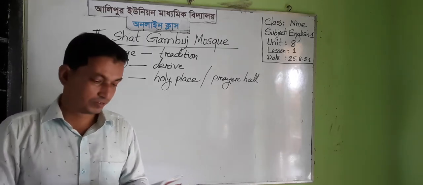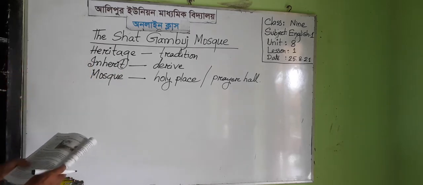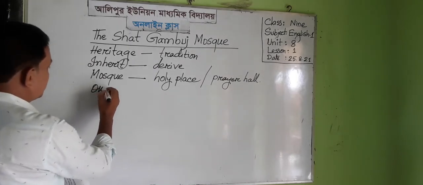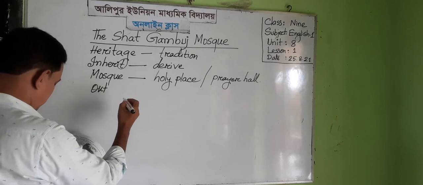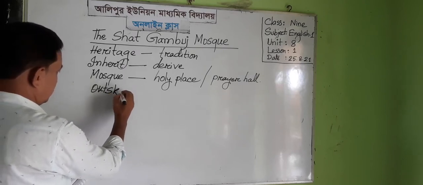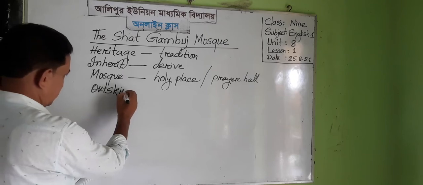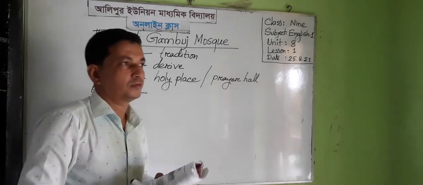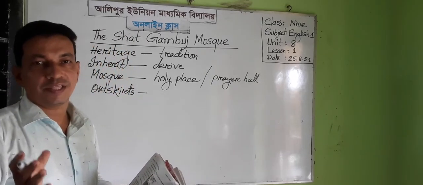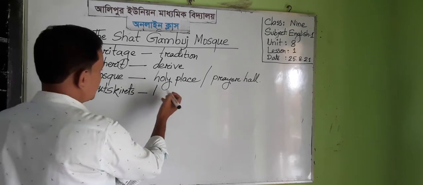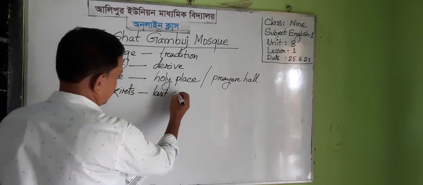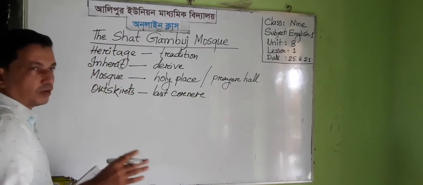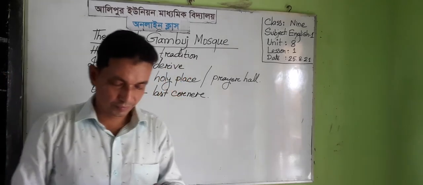Our next word is outskirts. Outskirts means last corner or lower portion of anything or any area.